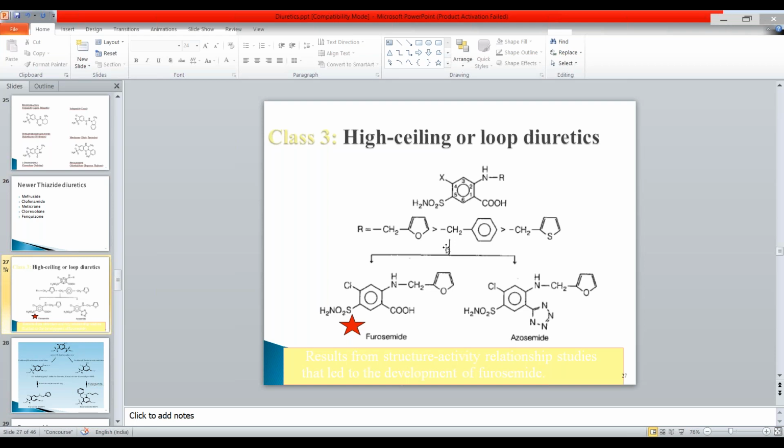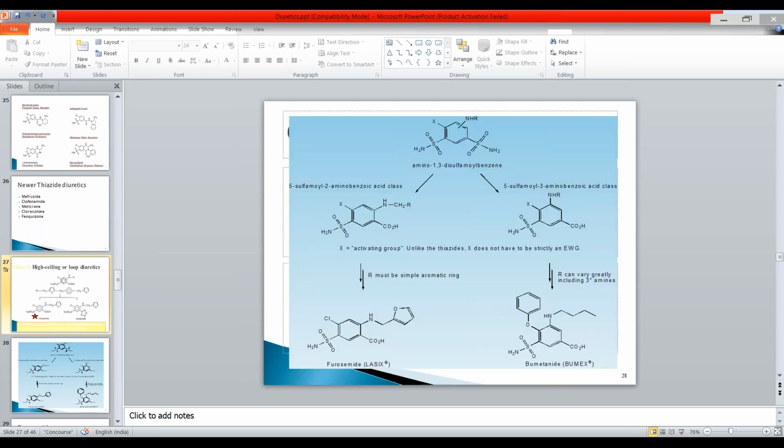Either on the second position or on the third position, aminobenzoic acids in general have excellent diuretic activity. So we have this class of 2-aminobenzoic acids and 3-aminobenzoic acids.